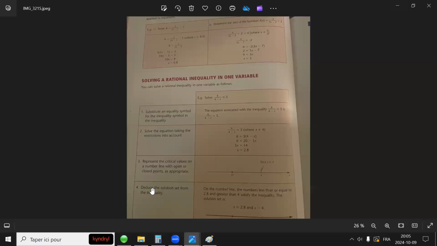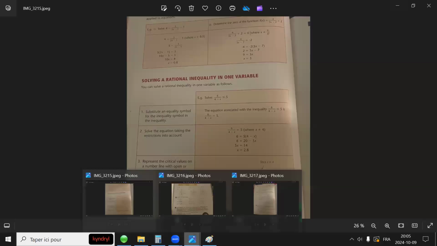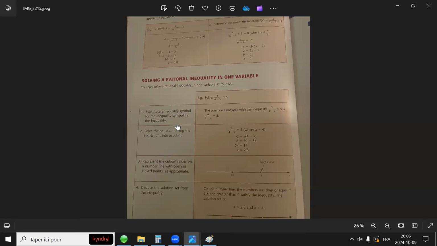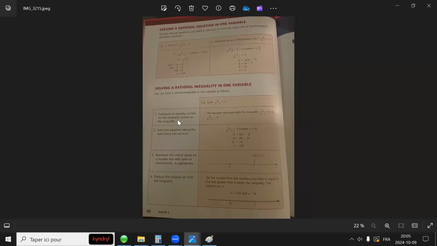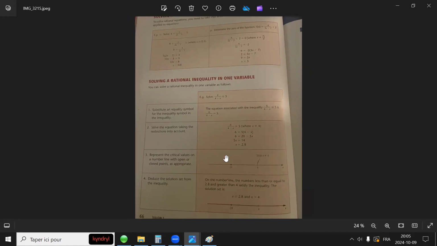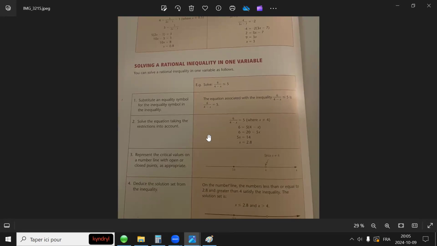We're gonna check what's called solving a rational inequality in one variable. In the book she provided, page 66, it shows us with an example how to do that.